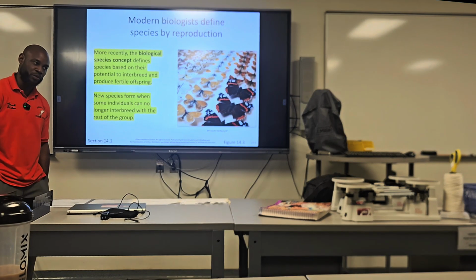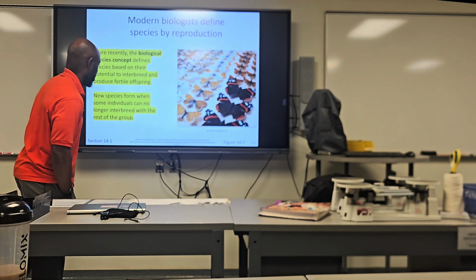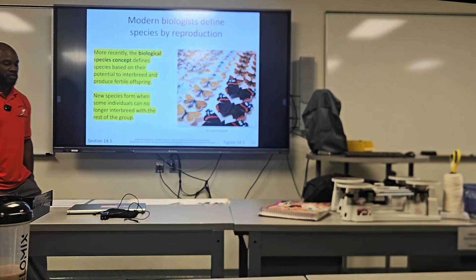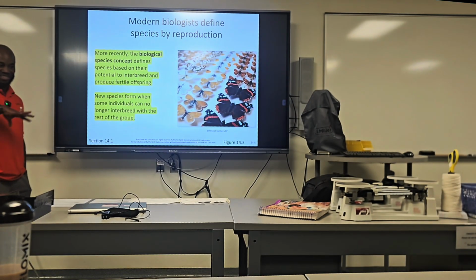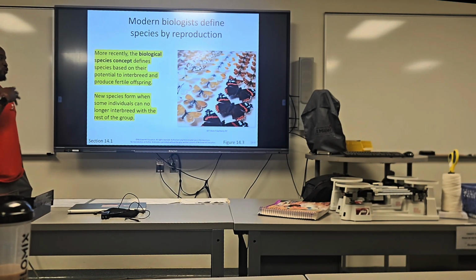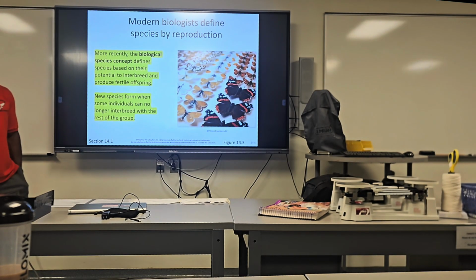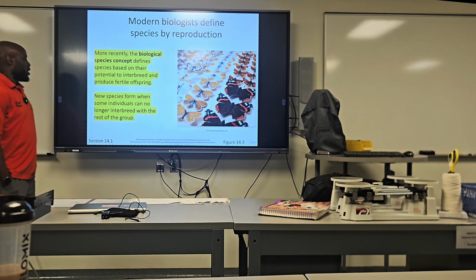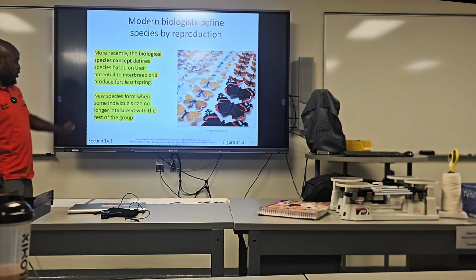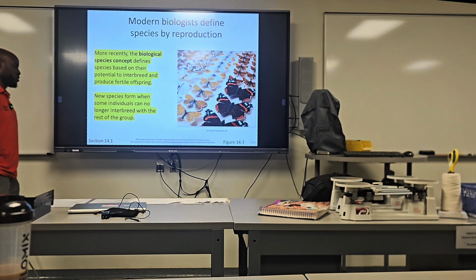Humans generally breed with humans, but different species generally breed with similar like species and produce viable offspring. Obviously, if humans tried to breed with something that was not human, it wouldn't produce viable offspring. So new species form when some individuals can no longer interbreed with the rest of their group.